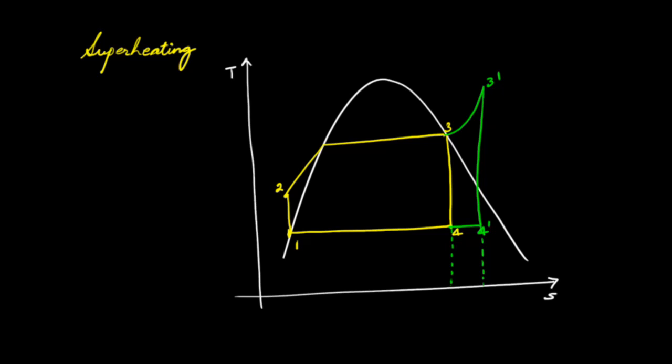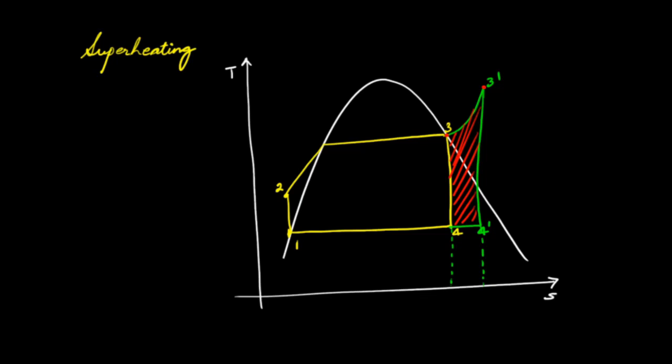So as shown on this T versus S diagram, when we have this superheating, that is, we now superheat the vapor from state 3 to 3 prime, then the increase in the work output will be this much, shown in the red color, compared with the basic Rankine cycle shown in the yellow color.